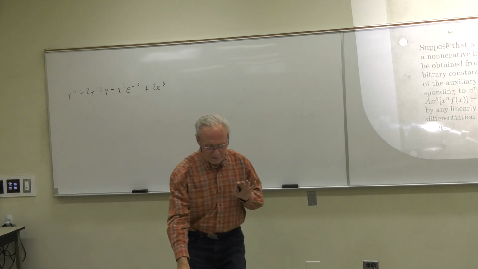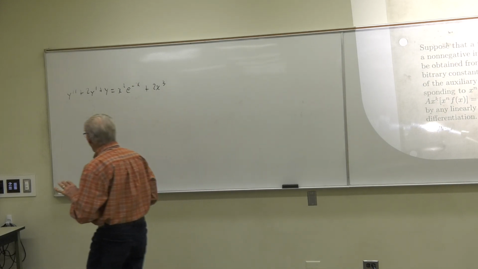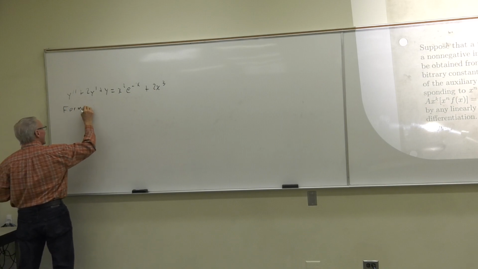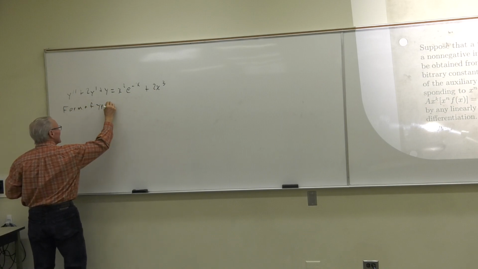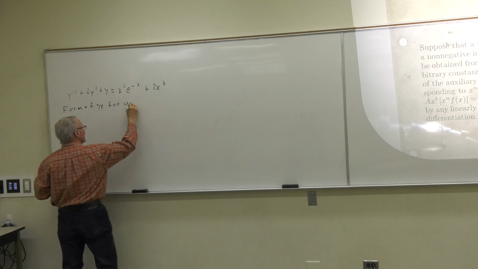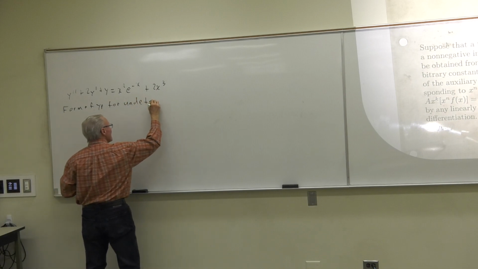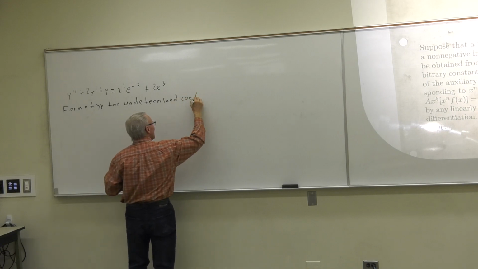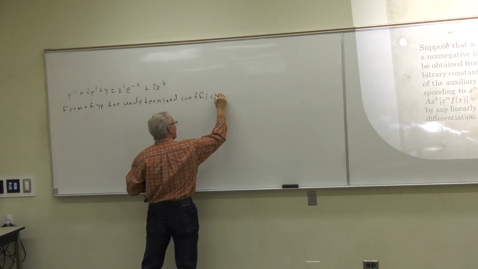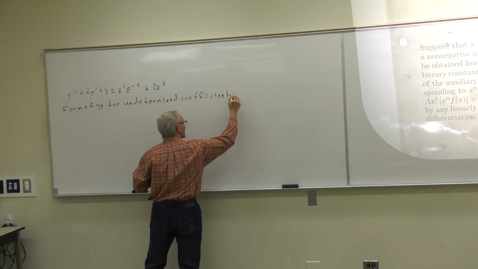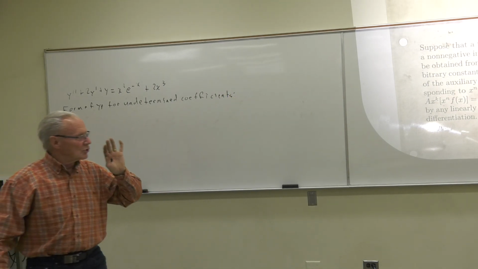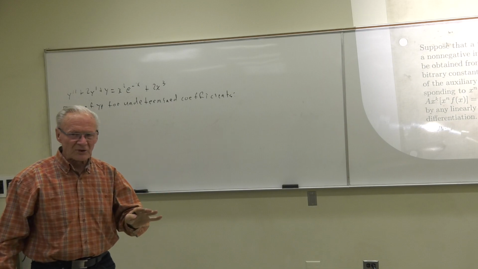So the question is, what is the form of y sub p for undetermined coefficients? That's all I want to concentrate on. Rule 2 says you can't do it until you know the y sub h.